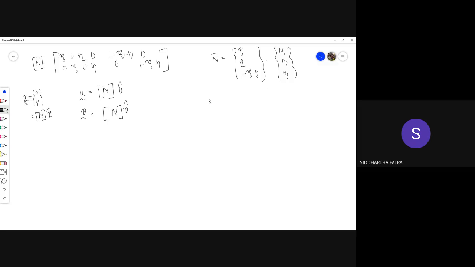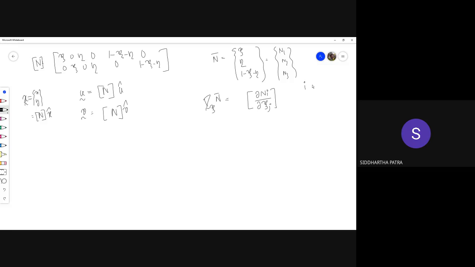Now if I take the gradient of the shape functions with respect to the natural coordinates, there are two natural coordinates, xi and eta. So this is how each of the terms would be written: del N_i, del xi_j.